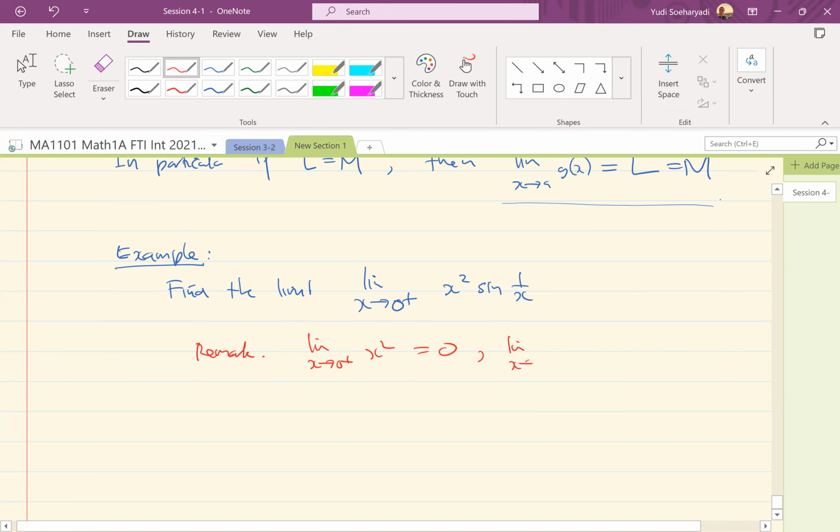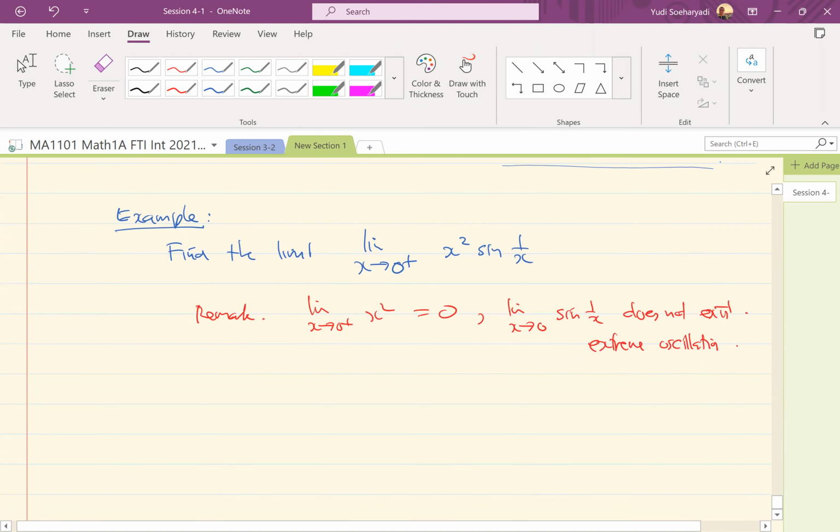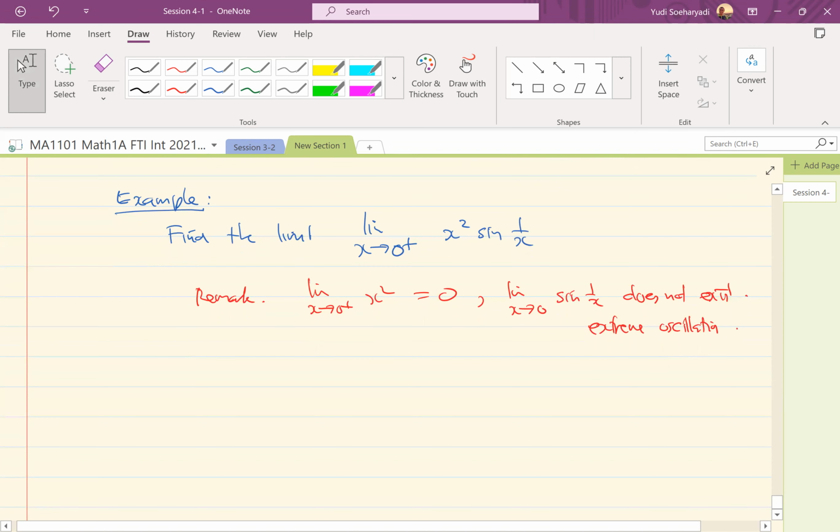But this limit, sine 1 over x, does not exist. Remember, these are extreme oscillations. So for the product, we cannot use the product property.